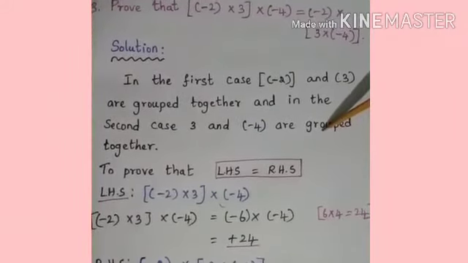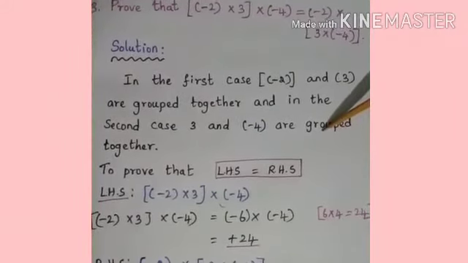Now multiply this value minus 12 with the first value minus 2, that is minus 2 into minus 12. Again, we have to use the multiplication integer rule. When we multiply two negative integers, it always gives a positive integer, that is minus 2 into minus 12 is equal to plus 24, which is the answer of the right hand side expression.